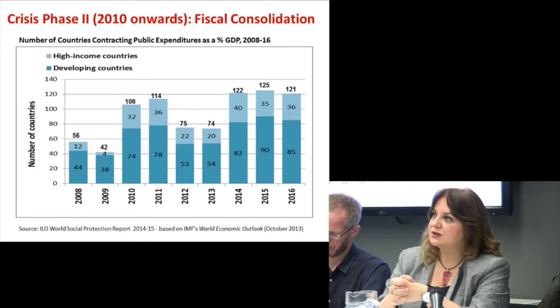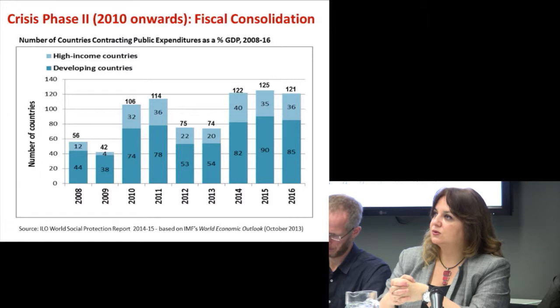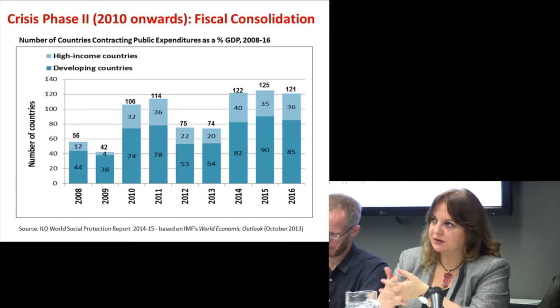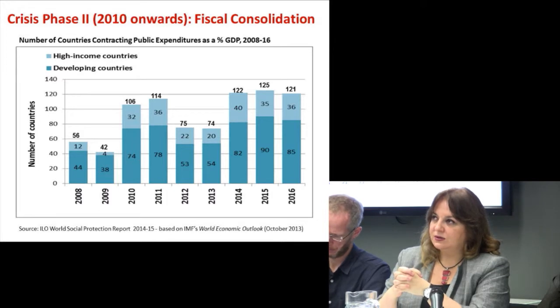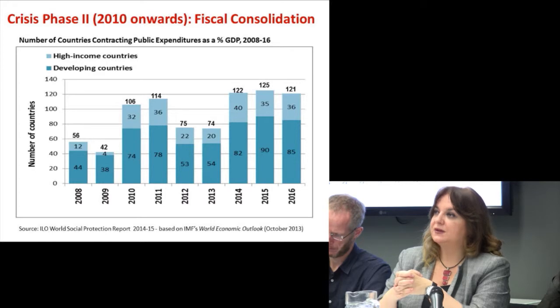And since 2010, what you have is a drive of countries to work towards fiscal consolidation policies, normally known as austerity policies. Now, this is using IMF fiscal trends contained in the World Economic Outlook. And in 2010, you got already 100 countries.